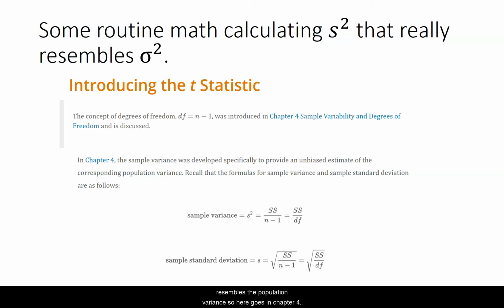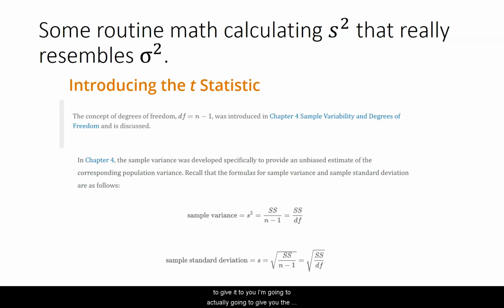So there's some routine math calculating that sample variance that really resembles the population variance. In Chapter 4, the sample variance was specifically developed to provide an unbiased estimate of the corresponding population variance. You remember this whole business of n minus 1. So we divided the sum of squares by n minus 1. Now, in our situations, we're not going to get into those fine distinctions of calculating all this.